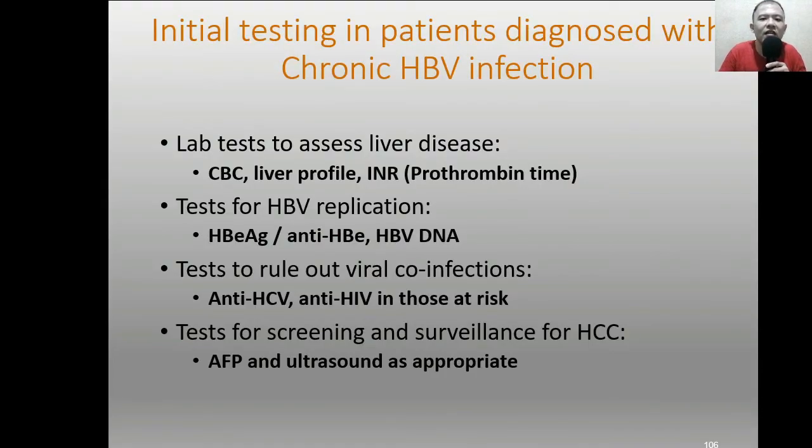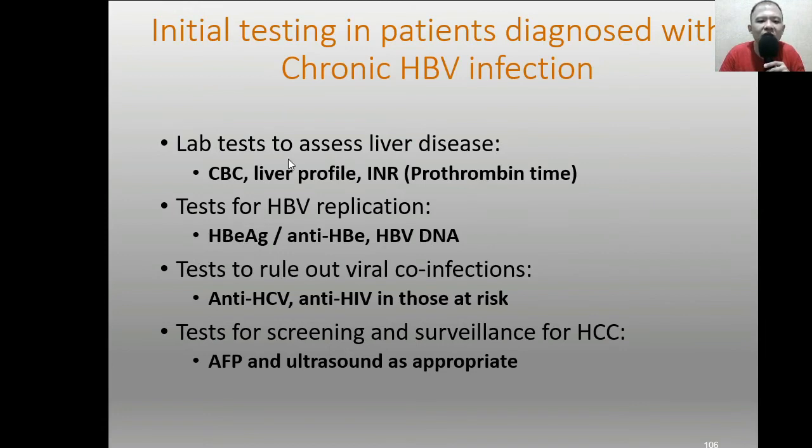So these are the initial testing in patients diagnosed with chronic Hep B infection. Namely the CBC, liver profile, INR, to assess the liver function. HBV replication: the higher the DNA, the more infectious.